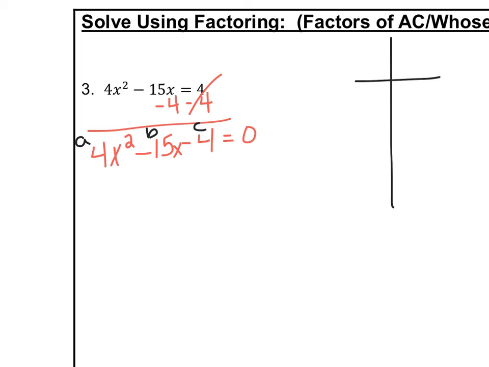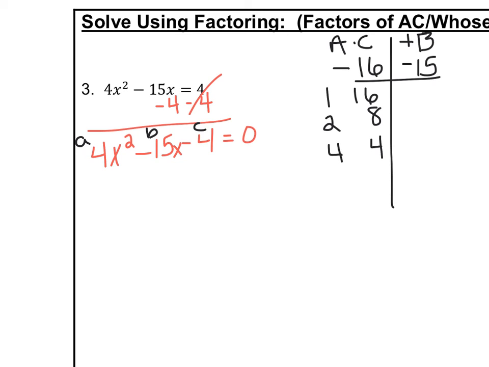I'm going to do factors of A times C, whose sum is B. So they have to multiply, you are correct, to negative 16. But they have to add to negative 15. So all of my factors of 16: 1 and 16.